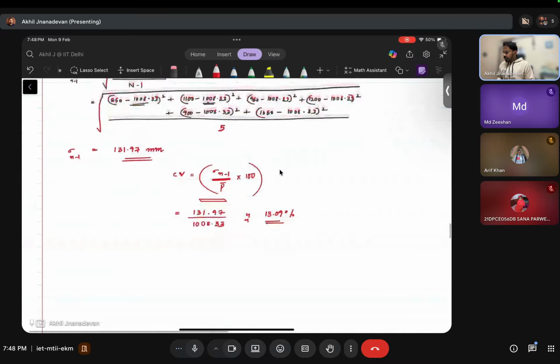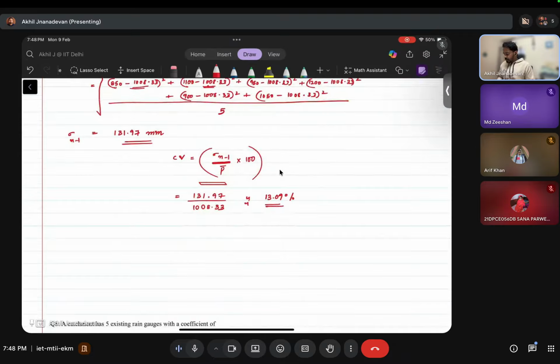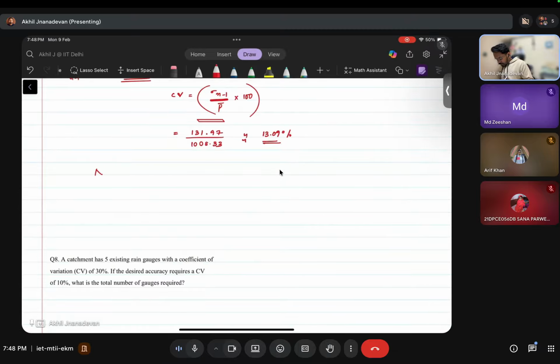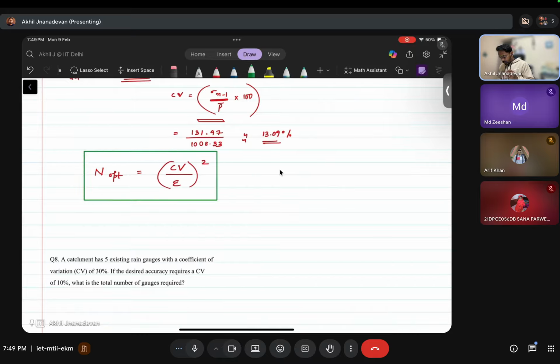And we have been given that the permissible error is 8%, right? So there is an equation to find the optimum number, that is, the coefficient of variation, whatever the variation is, divided by the error, the whole square. So this is the equation. You can make a note of this. Such questions are very usual while we are dealing with precipitation data sets.